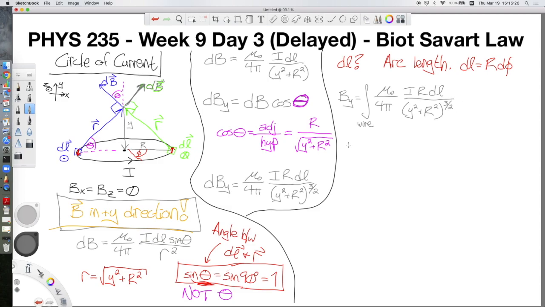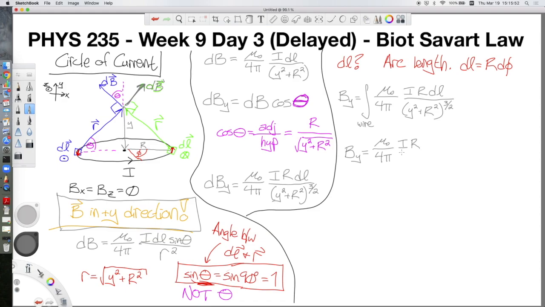Well, mu naught and 4 pi are constants. The current is a constant that doesn't depend on which chunk of the wire we're considering. Big R is a constant that doesn't depend on which chunk of the wire we're considering.